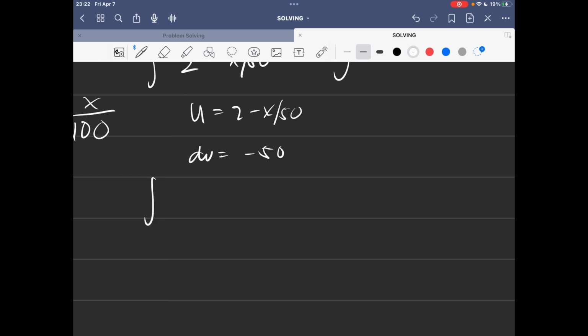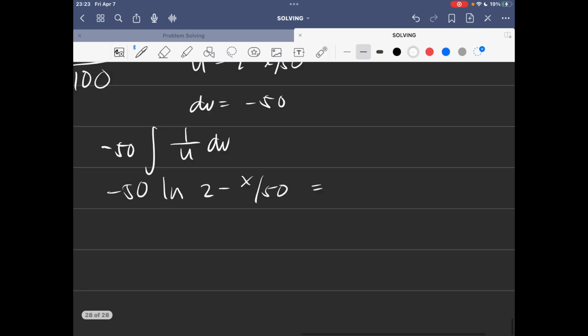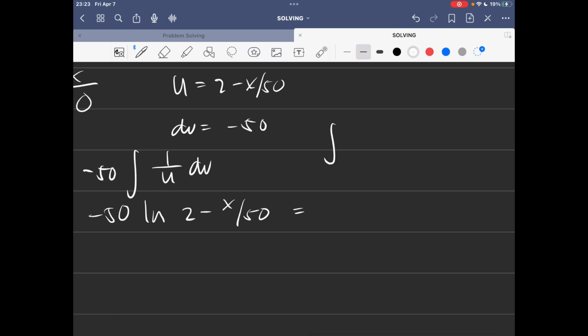So we can take out negative 50 times 1 over u du, which is negative 50 ln of u, which is 2 minus x over 50, is equal to the antiderivative of dt, which is t, so t plus c.